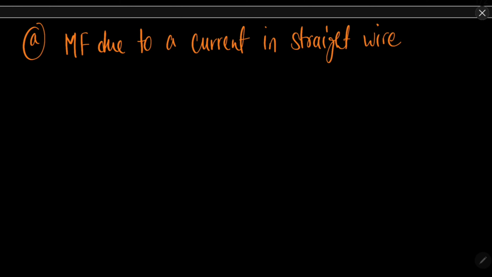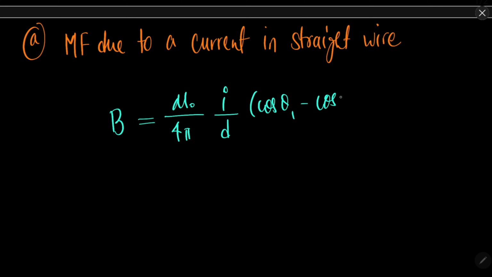If this is the case, then after simplification and integration, you will find that the magnetic field will be equal to mu naught over 4 pi, I over d, cos theta 1 minus cos theta 2.